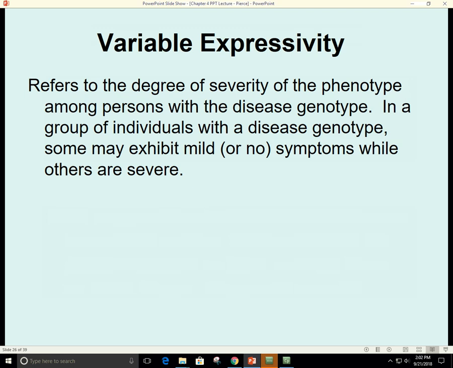Now related to the concept of penetrance is something called variable expressivity. And listen to this definition and see if you can tell how it's different from penetrance. It's the degree of severity of the phenotype among persons who have the genotype.